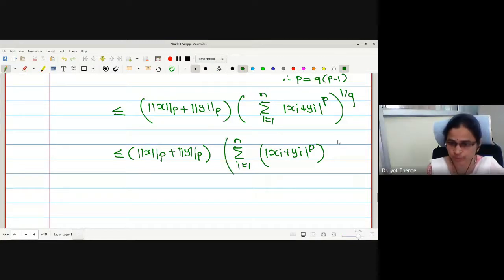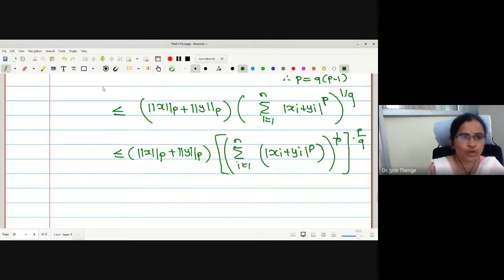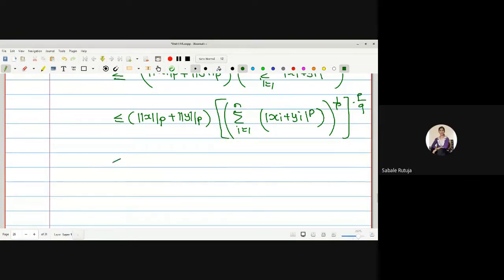This bracket I will put raised to 1 by p, and into a square bracket I will write again raised to p by q. Therefore, if you take the multiplication here, p and p cancel, no? We will remain with raised to 1 by q only, correct? A simple adjustment.